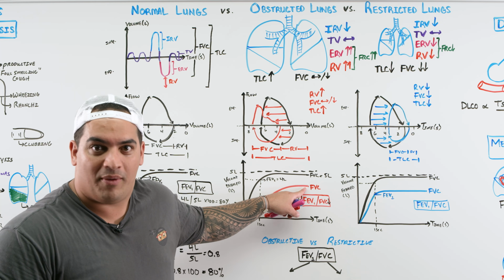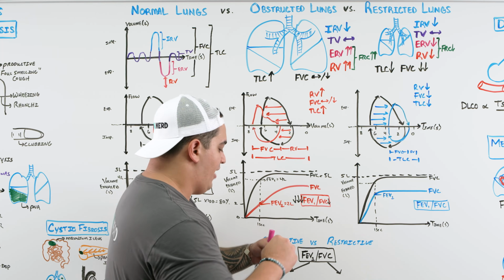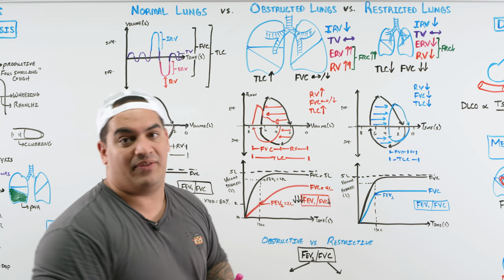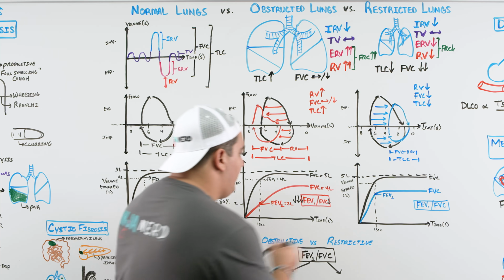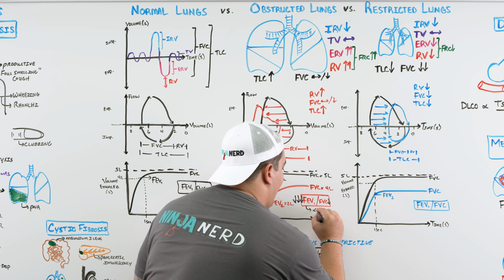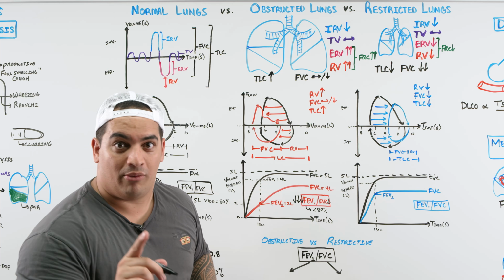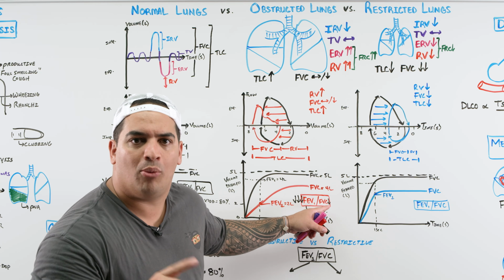What would 2 liters and 4 liters give me? That would give me like 50%. So my FEV1 over FVC ratio was definitely less than 80%. That's what we see in obstructive lung diseases. Important to remember that. Very reduced FEV1 and mildly reduced or normal FVC.